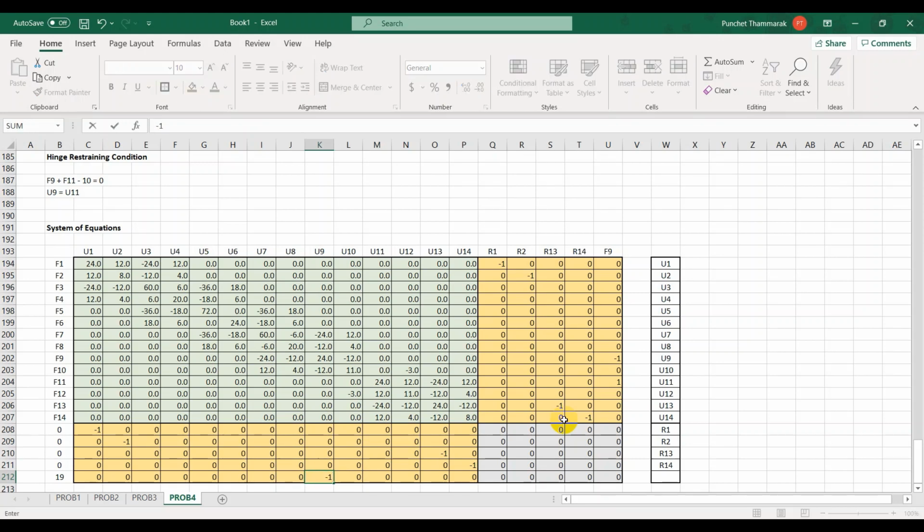Okay, that will be symmetric with the right hand side, and 1 equals 0. So this will be minus U9 plus U11 equals 0.